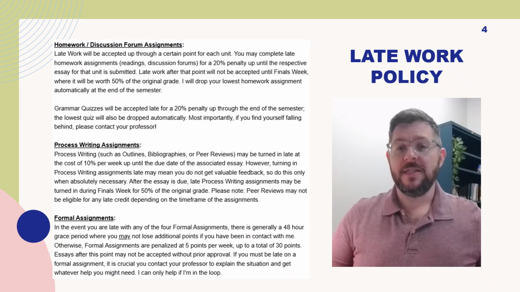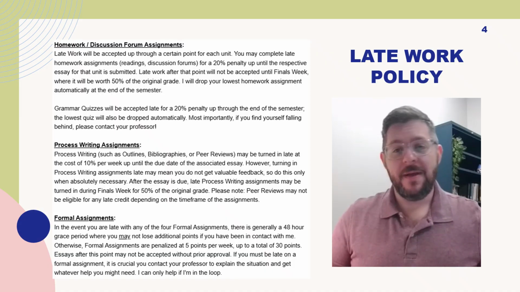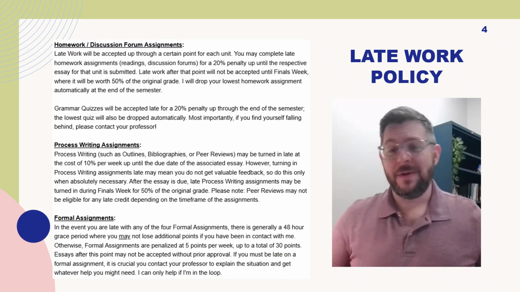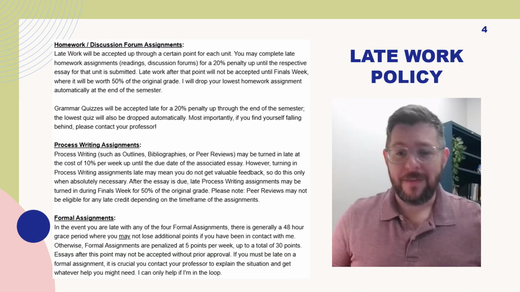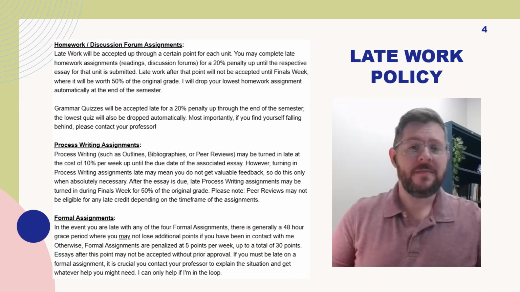But any homework that is turned in outside of its own unit will be locked out when that essay is due, but you can still make it up in finals week for 50% of its original credit. Again, the purpose here is to keep you on task, but also not constantly fill a backlog of work that you need to do, and for me to grade as well, for that matter.